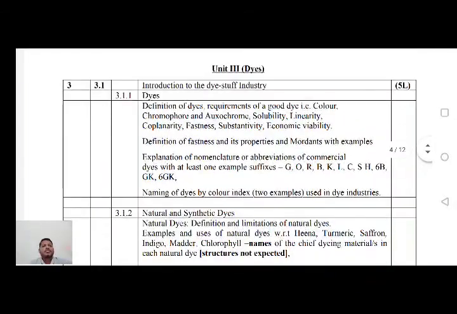The next 2 units are from dyestuff chemistry, or chemistry of dyes. In unit 3, there is an introduction to the dye or dyestuff industry: what is a dye, the definition of a dye, requirements of a good dye, then what is meant by chromophore, the definition of chromophore, then auxochrome, and fastness properties.